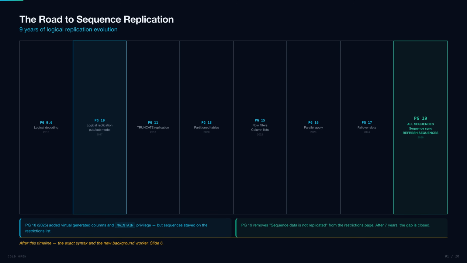PG 16 added parallel apply. PG 17 added failover slots. And PG 18 in 2025? Virtual generated columns. Maintain privilege. But sequences still did not replicate. PG 19 finally adds all sequences, sequence sync, and refresh sequences. After 7 years, the restriction is removed from the docs.